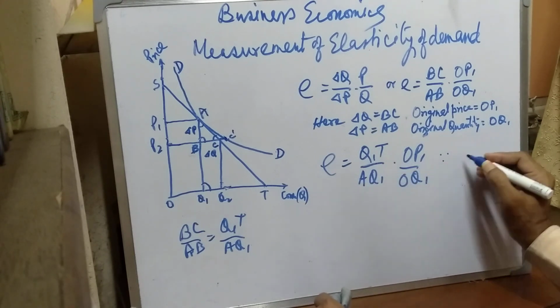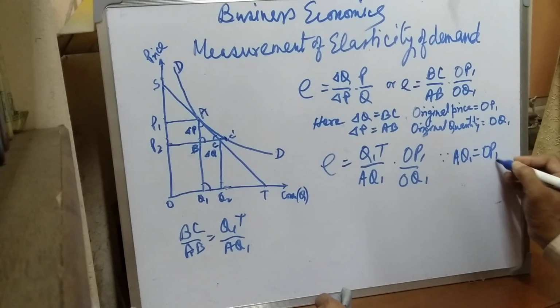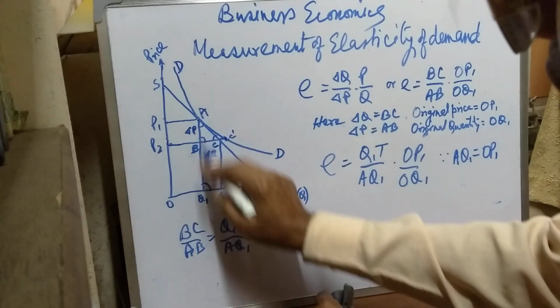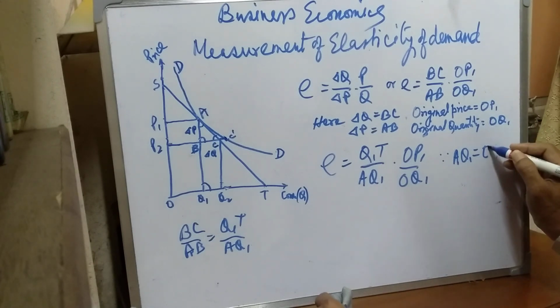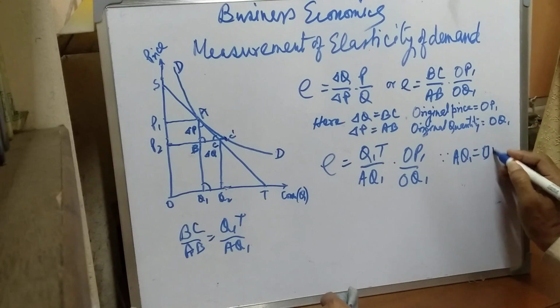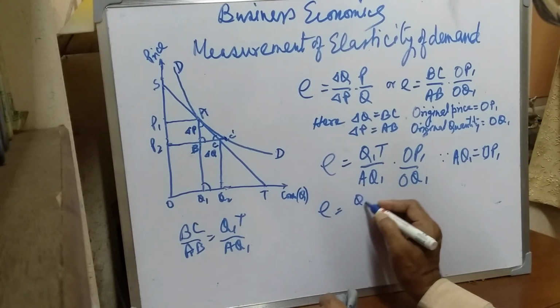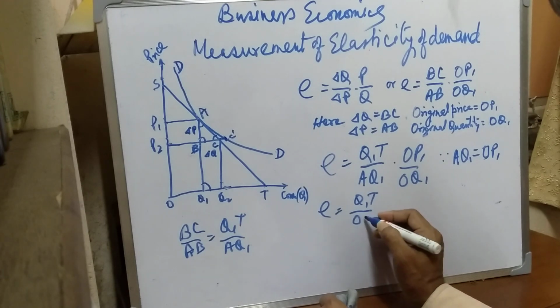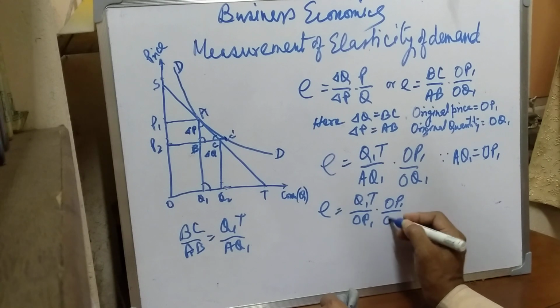As AQ1 equals OP1, which is simply shown in the figure, we can again write Q1T by OP1 into OP1 by OQ1.